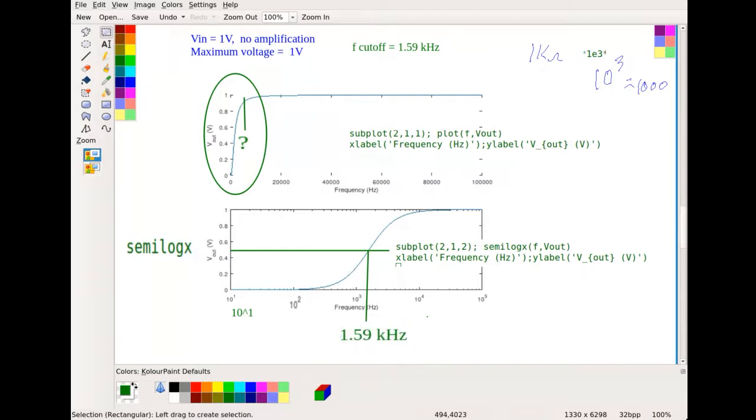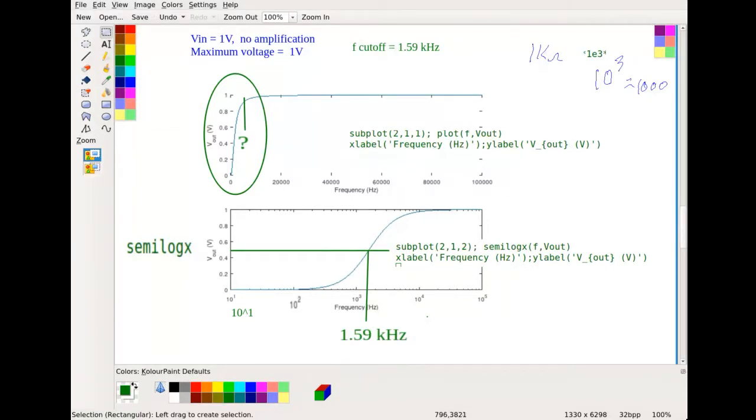And by doing a semi-log plot, I can get this out here and we can see that ratio and how that plots there. By plotting this semi-log, we can break these frequencies out and see a better shape.